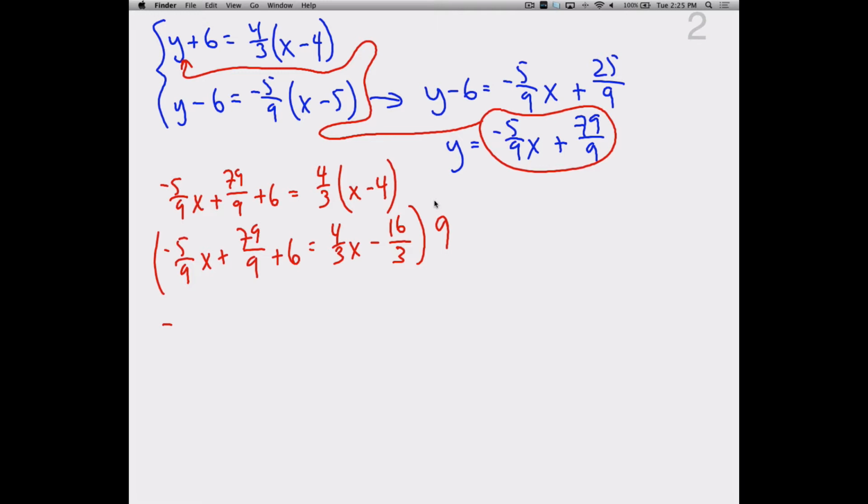So I get negative 5x plus 79 plus 54 equals 9 times 4/3, that's 12x minus 48. Is that equation solvable? How do you know?